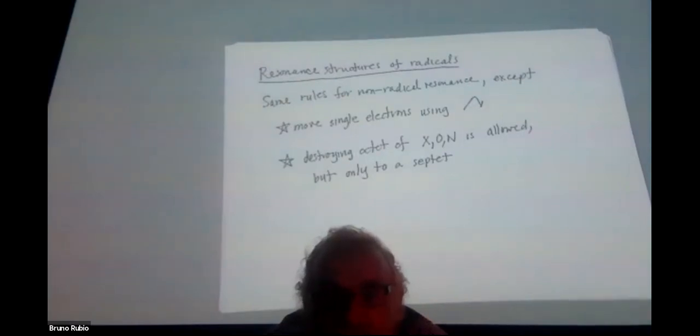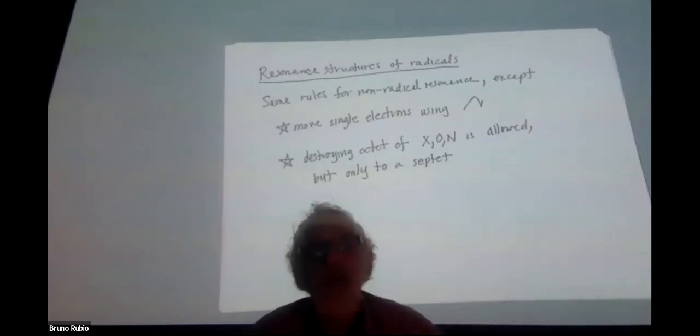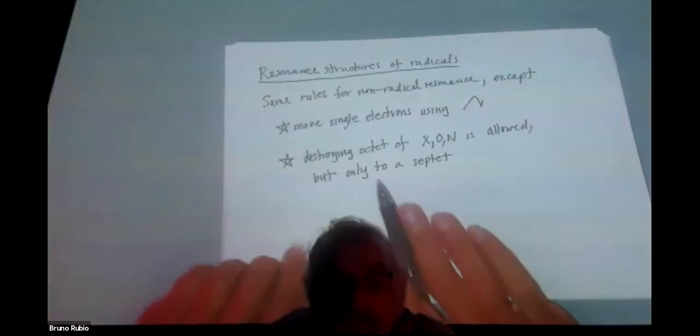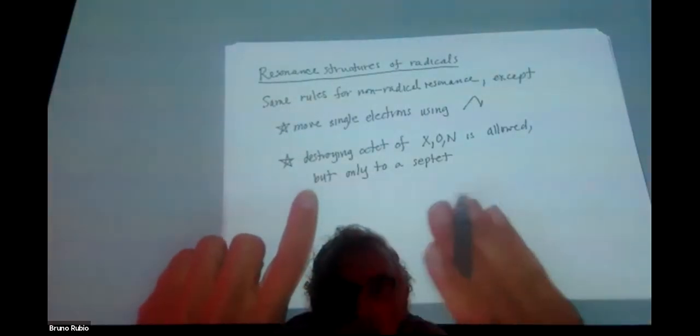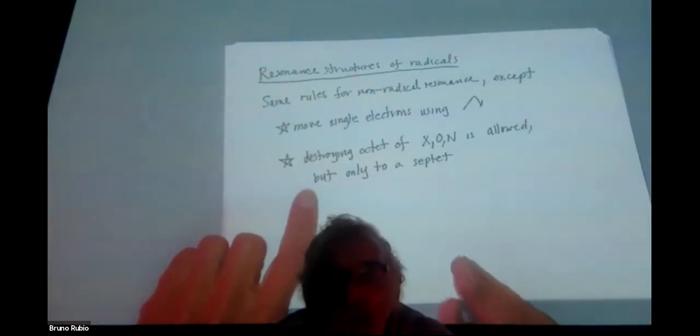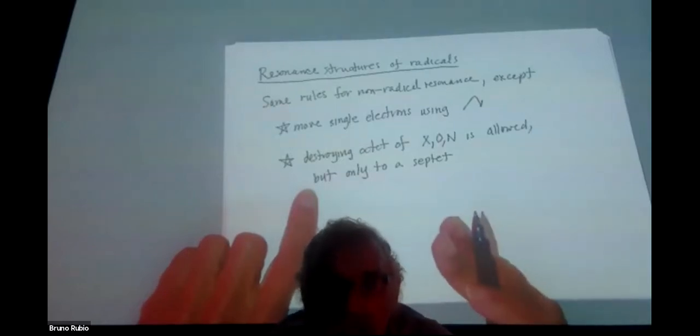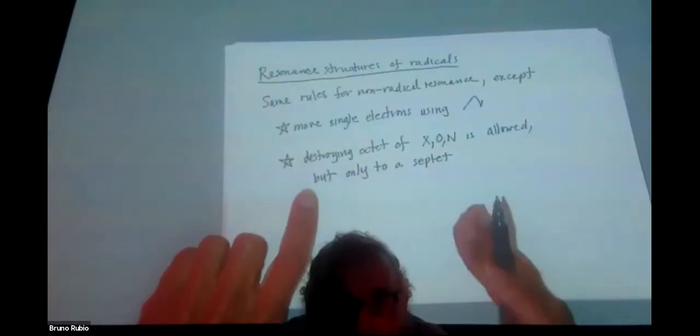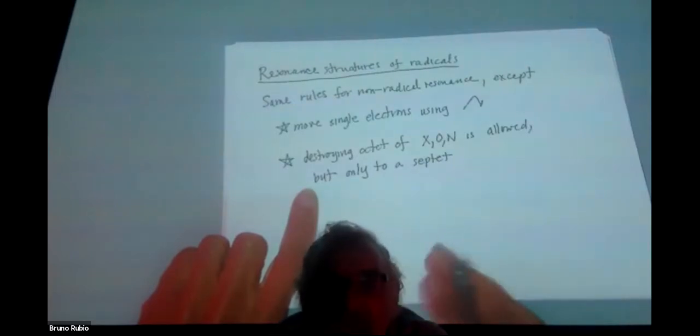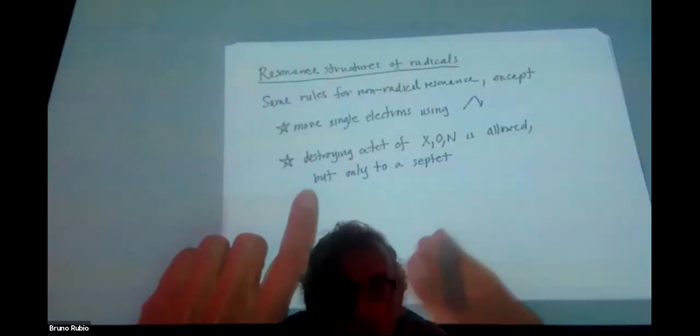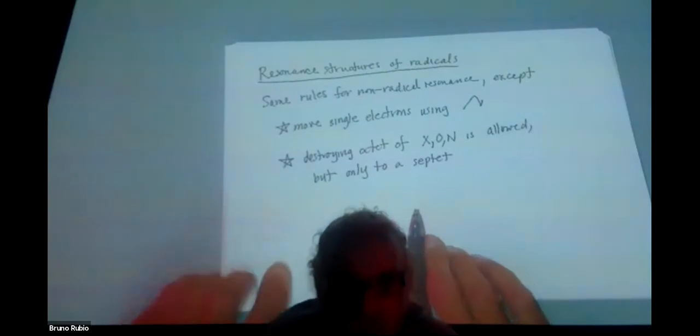You can't degrade it to a sextet or a quintet or anything like that. So this is allowed here for radicals because radicals form as a result of the input, sometimes of a whole lot of energy. You have the energy available for the octet to go away.